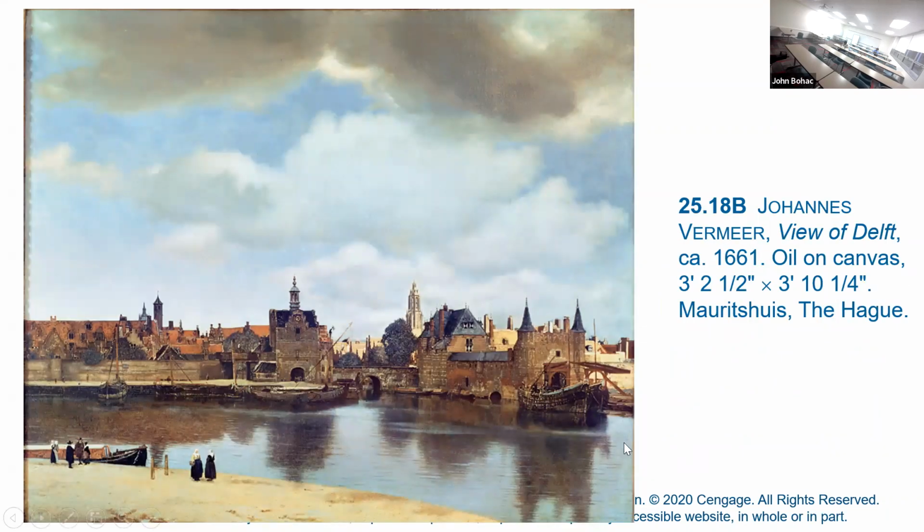And here's Johannes Vermeer. And again, view of Delft. And it is, like I say, the Dutch were very orderly in everything. You see, they have the bridges, they have the piers, they have the ships in here and so on. But everything is kind of small compared to what you see up here, which is the environment.